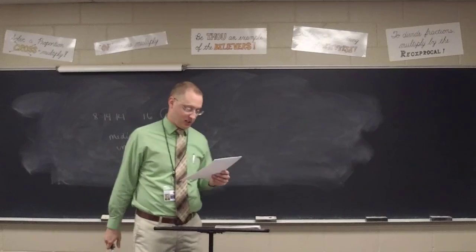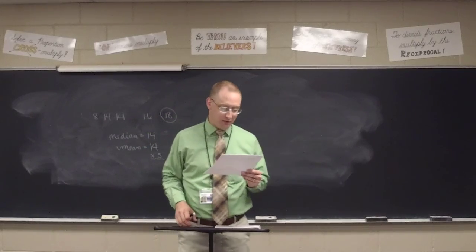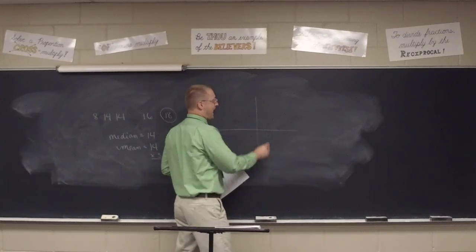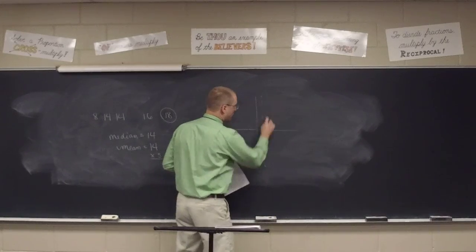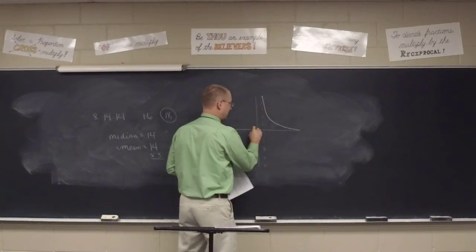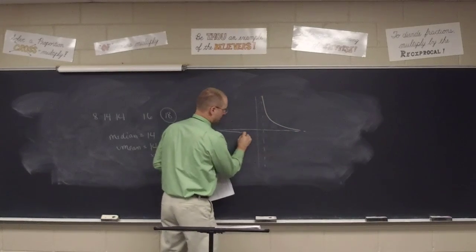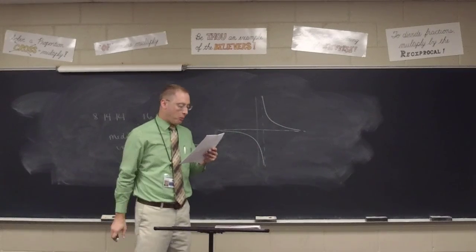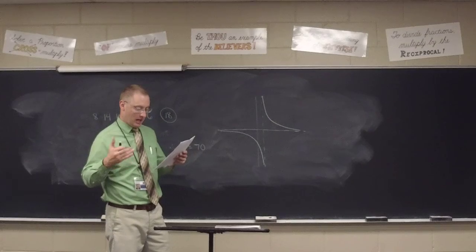Number 50 goes back to something we talked about in Algebra 2. We've got a hyperbola, which you remember is that rational function. We have this asymptote here, so the graph is shifted over a little bit. We have another asymptote, technically, here at the x-axis. And this is h of x. But what would be negative h of x?